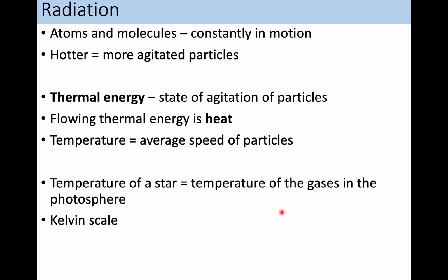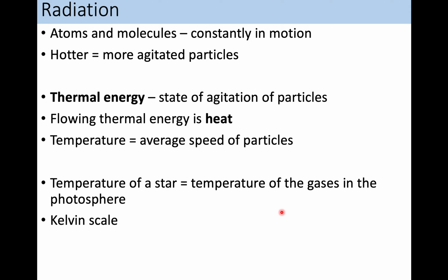When we talk about thermal energy, it's different from heat and temperature. Thermal energy is the state of agitation of the particles of the object, let's say a star. The flow of that thermal energy is what we call heat. And the speed of those particles is what we measure in temperature.